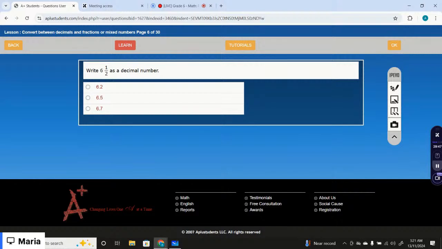Write 6 whole 1 over 2 as a decimal number. So which is the correct option? The correct option is 6.5. That is option number 2.